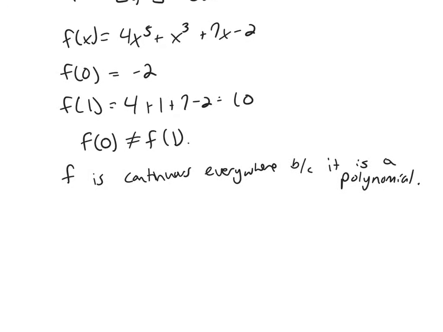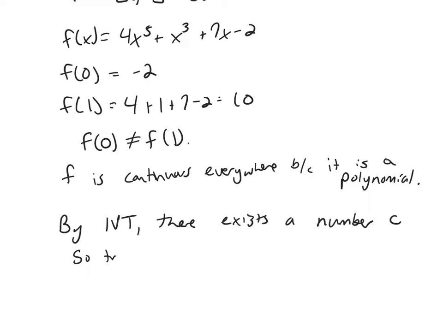So the intermediate value theorem, I'll just abbreviate IVT, tells us that there exists a number c so that c is between 0 and 1 and f of c equals 0.